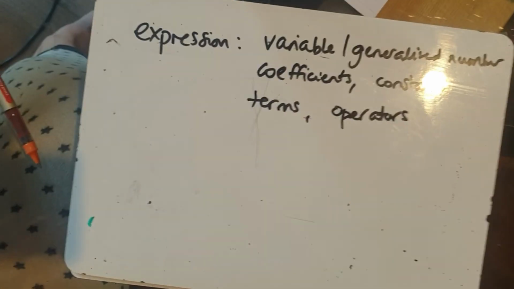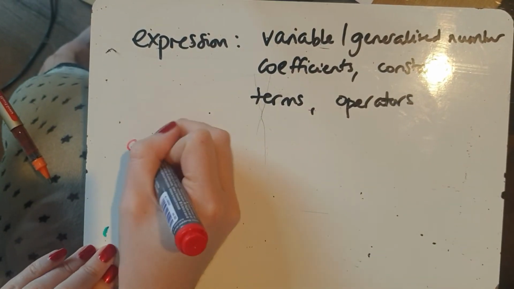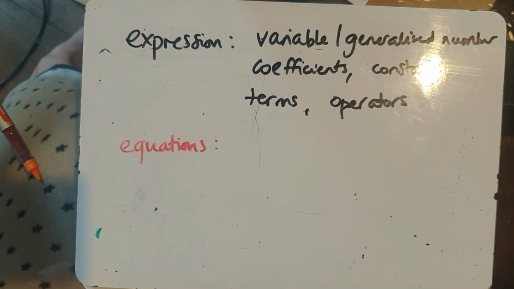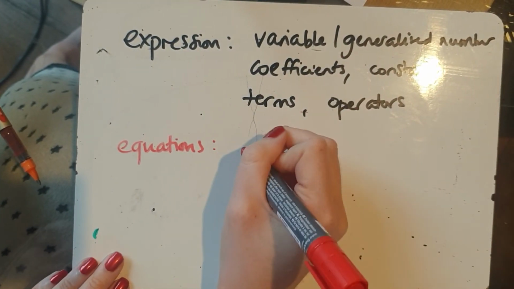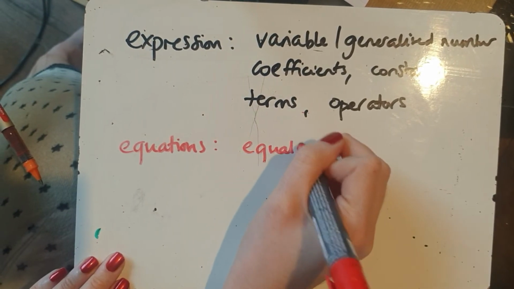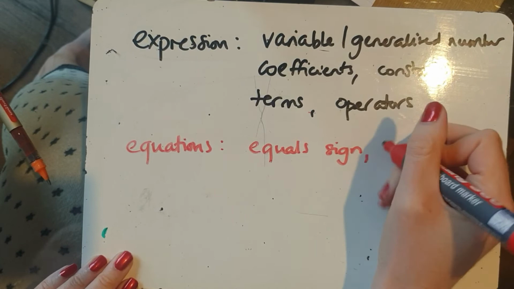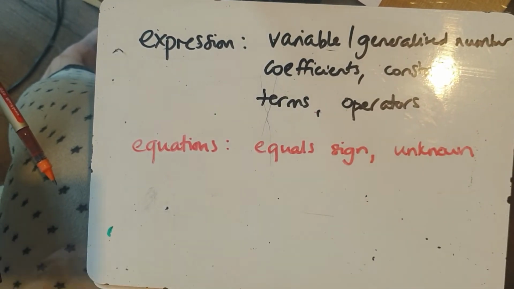When we get to equations, we can still have all of the above, but we also need an equals sign. And where there's a variable or generalized number, it might actually be an unknown that we have to solve for.